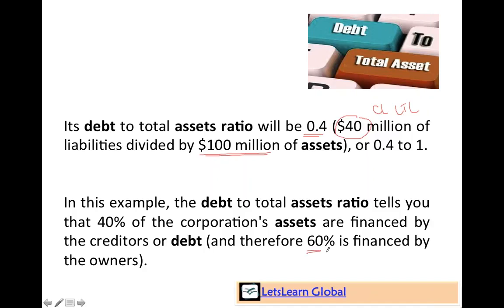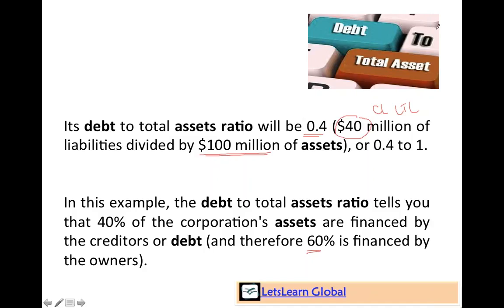So the business is strong. Why? Because a major portion of the assets is purchased from the owner's money, that is preference shareholders' money and common shareholders' money. Therefore, the debt portion will not have much strength on the assets.